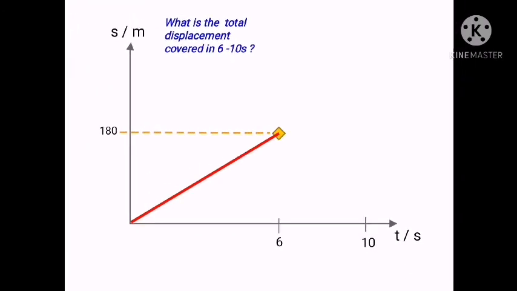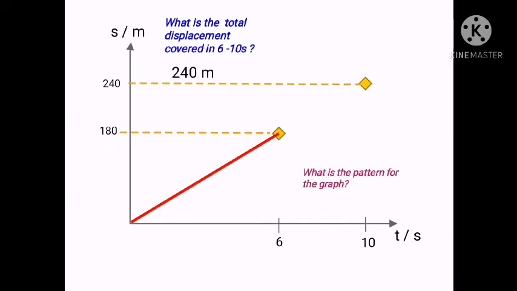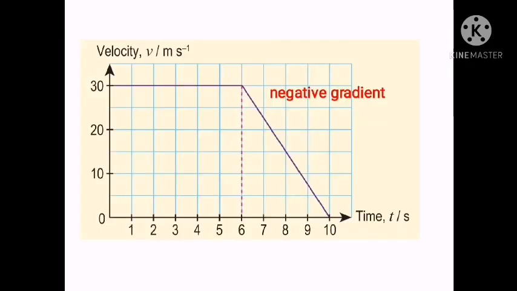Next, we're going to plot what's happening from 6 seconds to 10 seconds. Now, what was the total displacement covered in 6 to 10 seconds? It was 240 meter. So what is the pattern for the graph? If you look at the velocity versus time graph, the velocity was decreasing and it has a negative gradient.